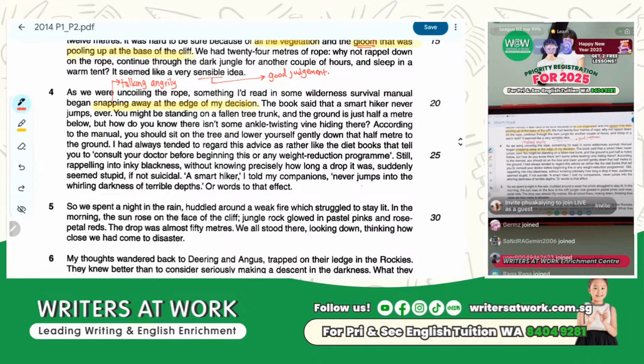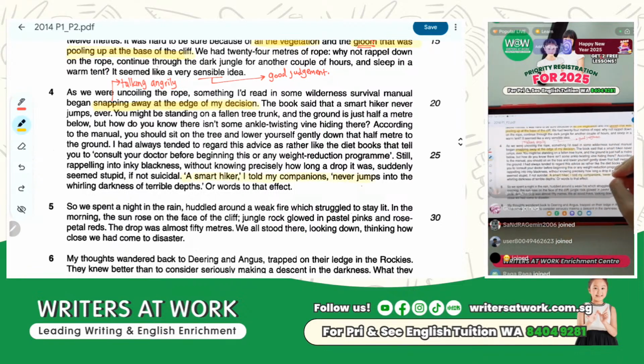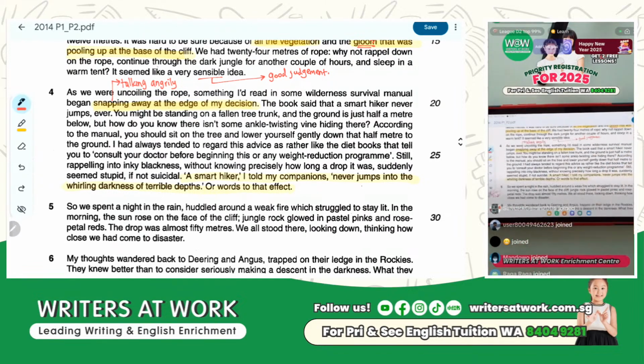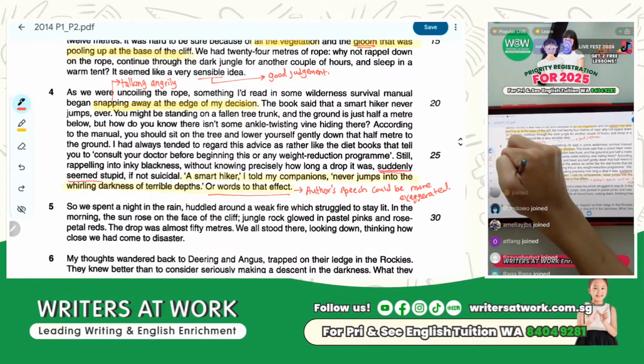Now you can see a smart hiker, I told my companion, never jumps into the whirling darkness of terrible depths, or words to that effect. So you can see probably you are looking at how the author's words to that effect actually suggest that the author's speech could be more exaggerated. Why would I say that it's more exaggerated? Because in the previous sentence, they talk about how the writer suddenly felt stupid, if not suicidal.